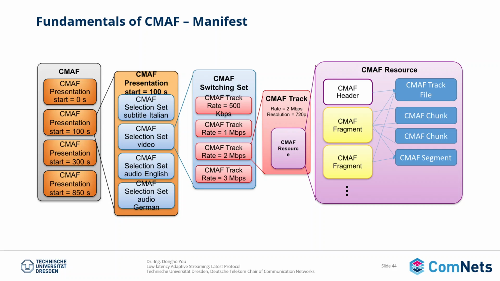And CMAF tracks are independent. That is, CMAF tracks contain only CMAF fragments of the same media stream, no multiplexed contents, and are strictly synchronized with each other to facilitate the bitstream switching, which is the core functionality of dynamic adaptive streaming.